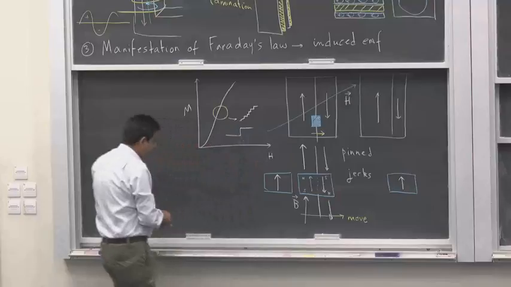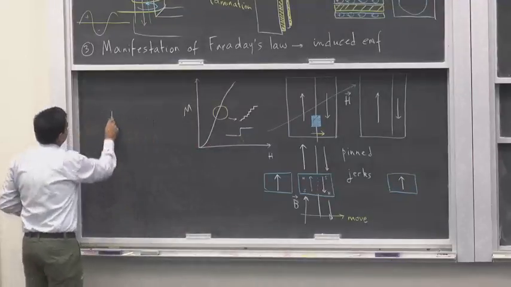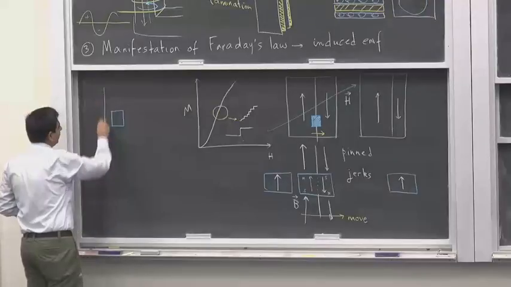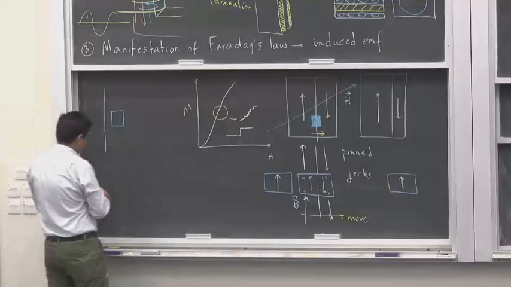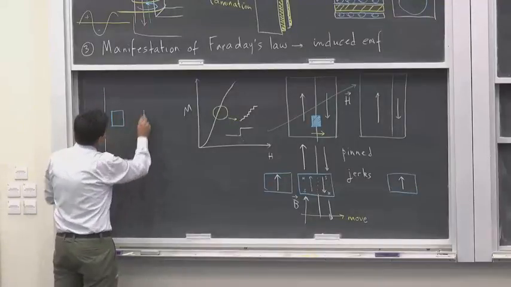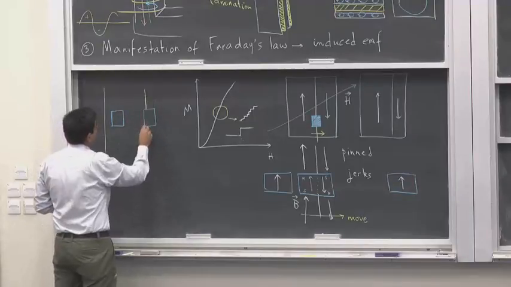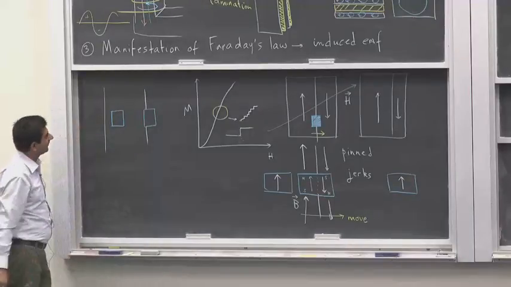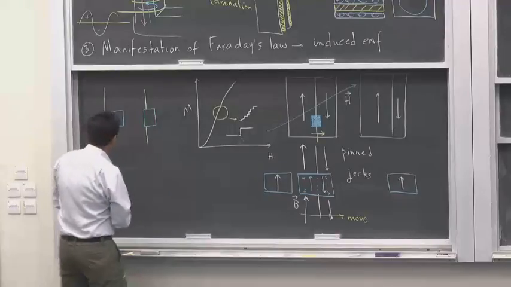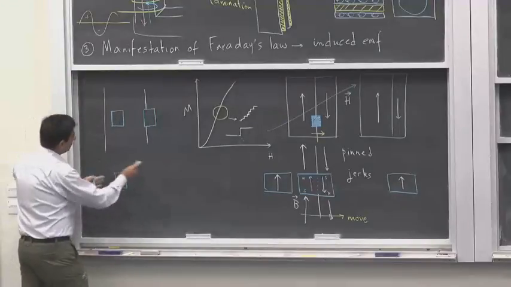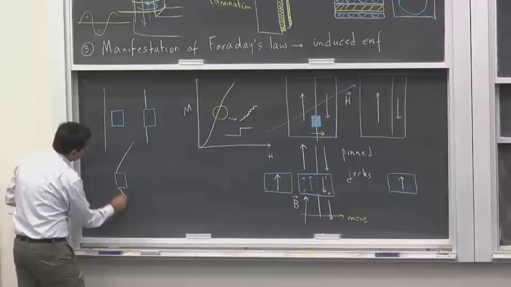So if I make a diagrammatic representation of this, there is an impurity, the domain wall is here, so everything is fine. Then we have the domain wall that's progressing to the right. It gets onto this impurity. Then the domain wall tries to move on, but the impurity is holding it back.